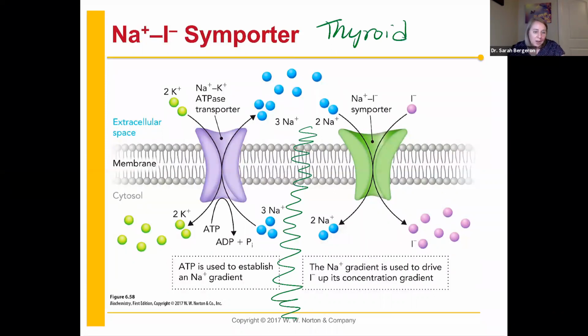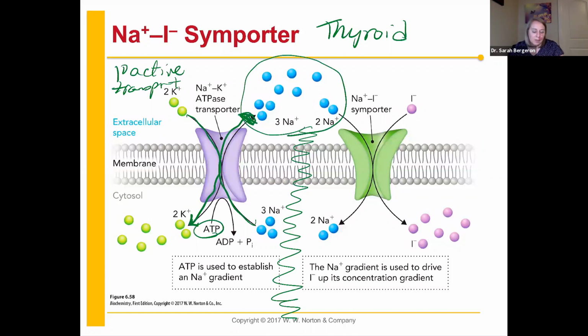The first thing that we need is a primary active transporter to make a gradient. So how are we going to do that? We're going to utilize ATP. We've got ATP here, right? And we're going to be able to bring in potassium ions, and we're going to kick out sodium ions, right? So now we have a high concentration of sodium ions outside of the cell.